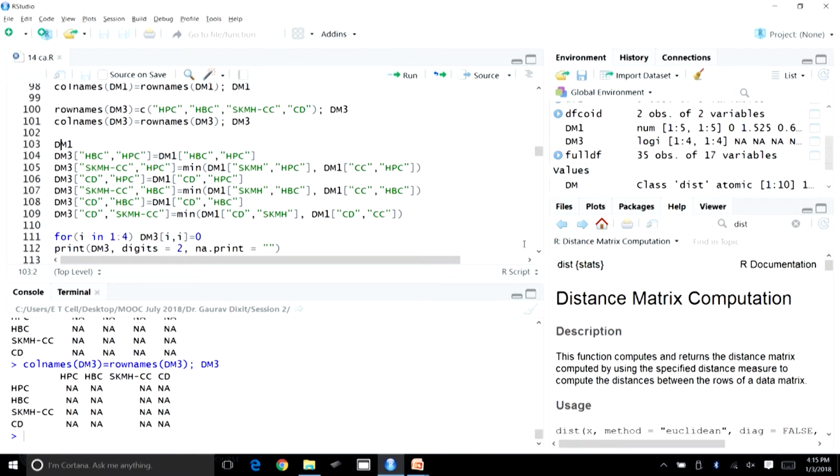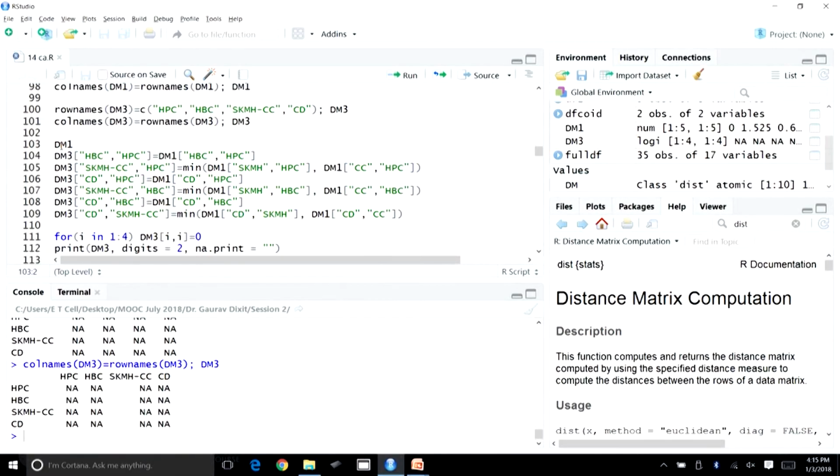Which observation is closest to the other cluster's observation? That is the minimum value, because we are using the minimum distance formula. Therefore that particular value is going to be used as the distance between those clusters.